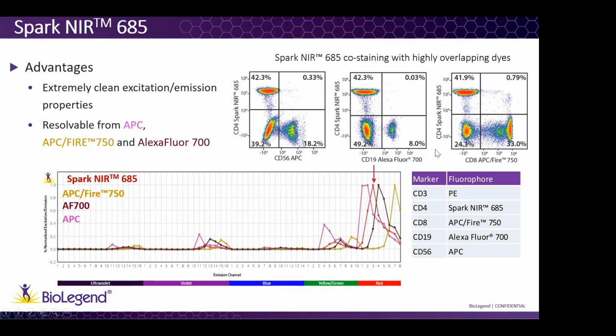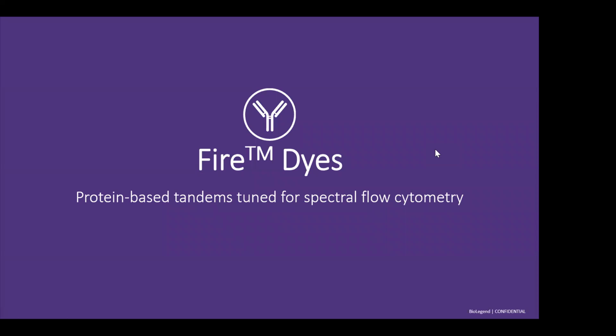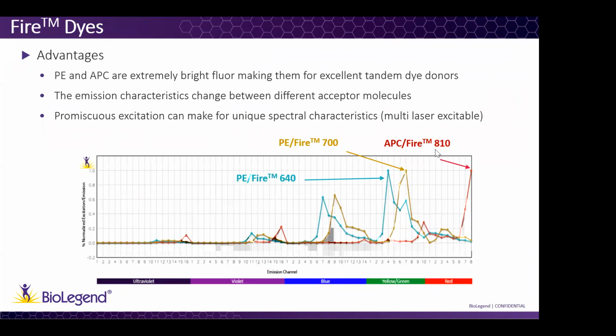So you can see with all of these listed, there is a really nice resolution between the populations. And then we have our Fire dyes, which are protein-based tandems, and they are really good for spectral flow cytometry. These share the same donor fluor, which is either PE or APC, which are really bright, and that makes them excellent tandem dye donors.